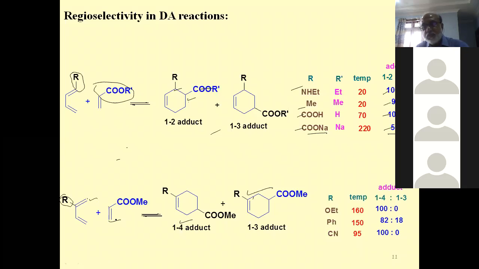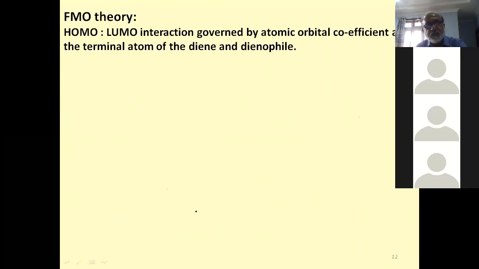Let us see the position with different R here: OEt, Ph, CN. The distribution is like this, that means 1-4 is more than 1-3. Let us have a reasonable explanation for this.